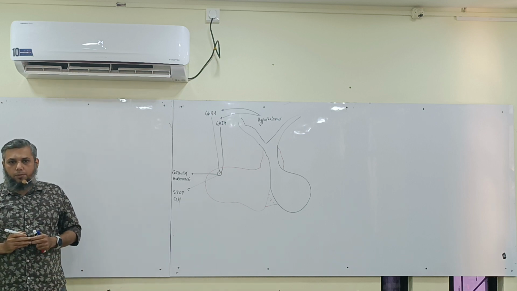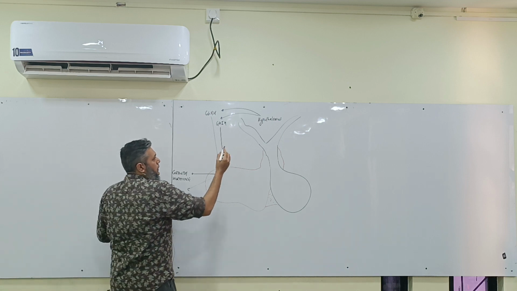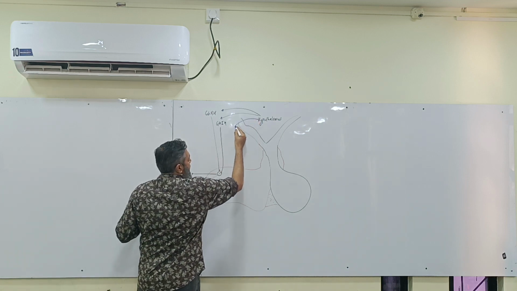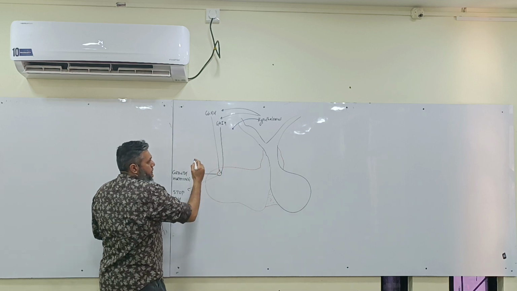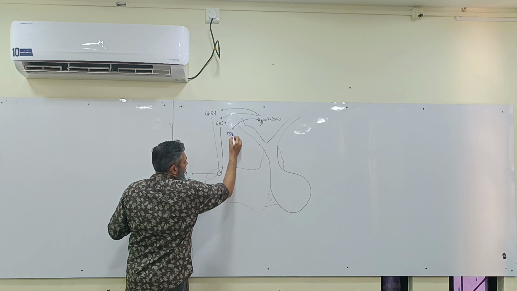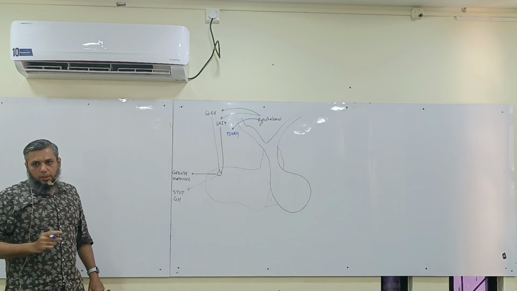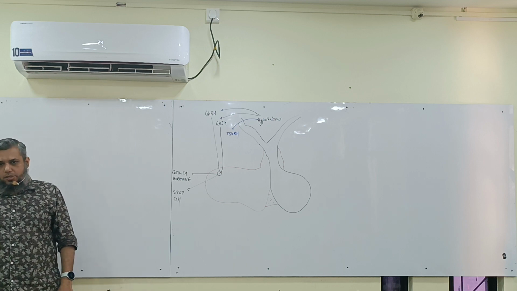Clear everyone? Then for the next hormone, the hypothalamus secretes thyroid stimulating hormone releasing hormone, TSHRH.